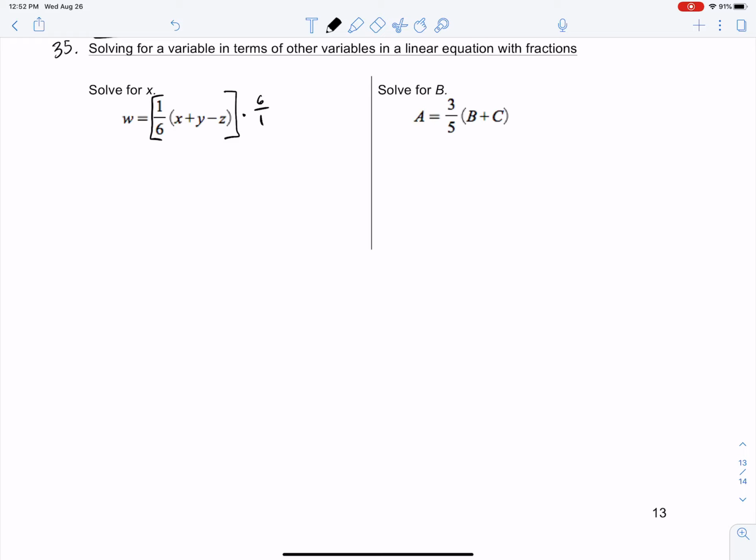The reason for that is I want to get rid of it, but don't forget whatever I did to the right-hand side of the equation, I have to do to the other. So the 6 goes on the right. I get 6w, or 6 times w, equals x plus y minus z.